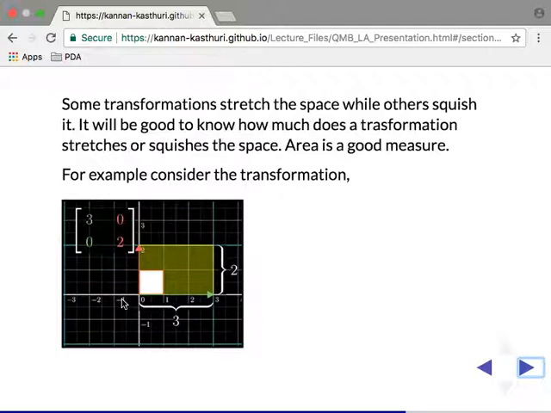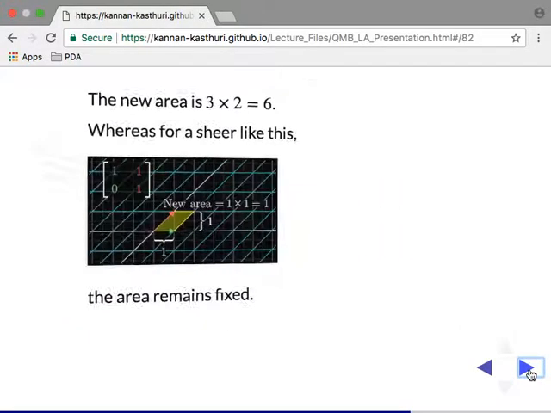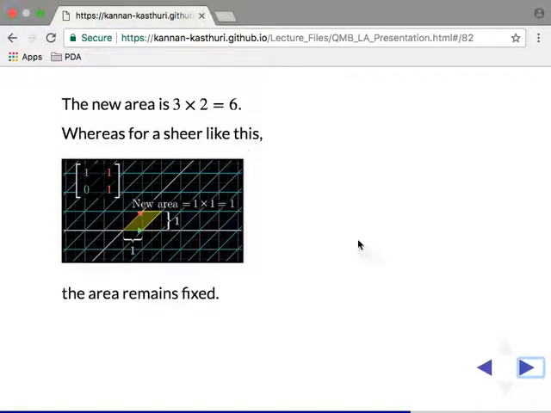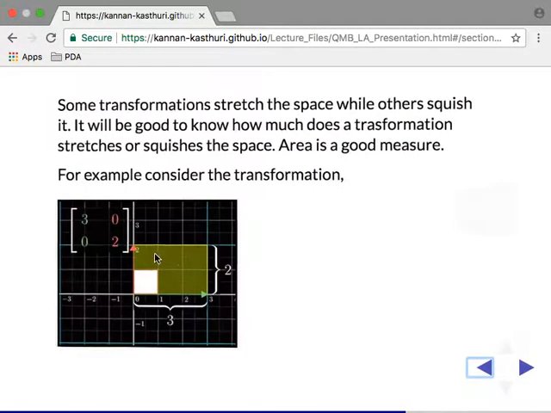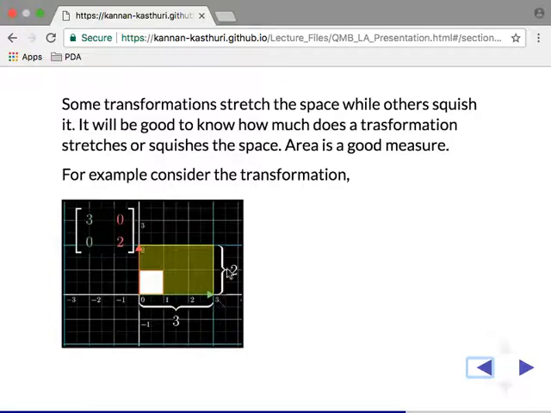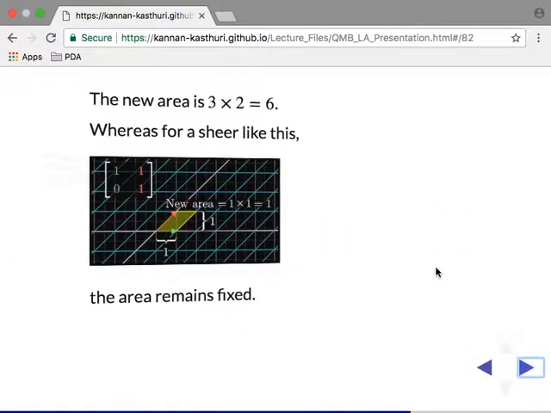Some of them can squish the space. So the area is a good measure to find out how much a space is squished or how much it is expanded. For instance here, the unit area is expanded to encompass this. So the new area is what? 3 times 2 is 6. This is the new area, the area of a rectangle with sides 3 and 2.